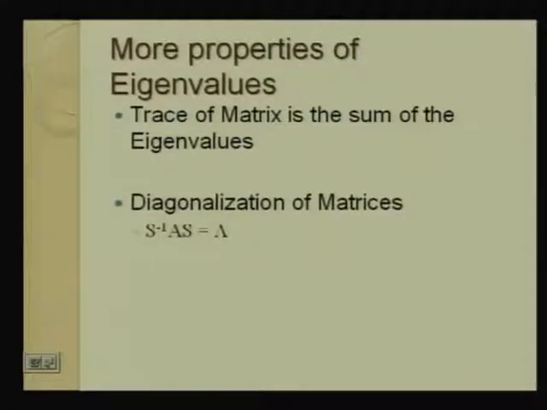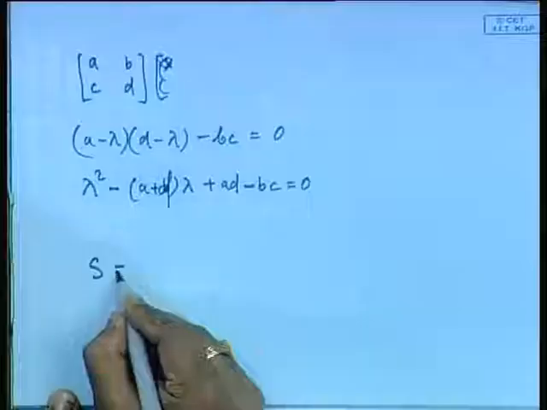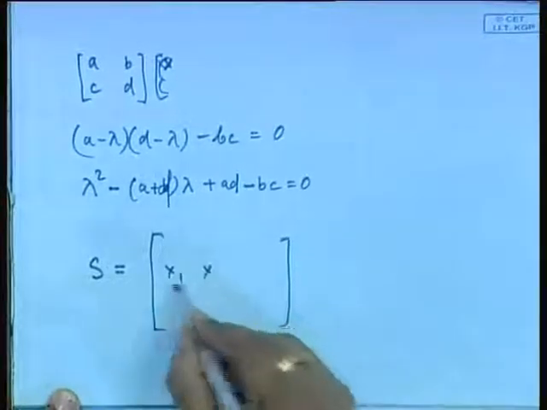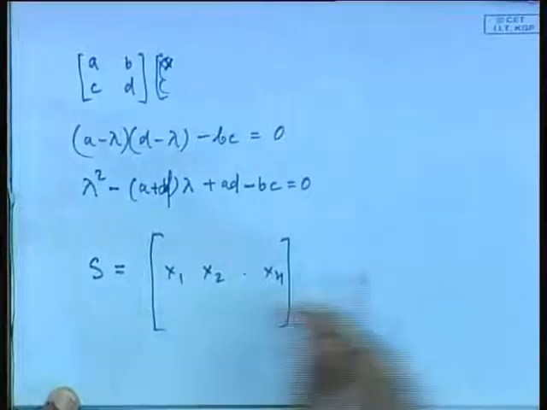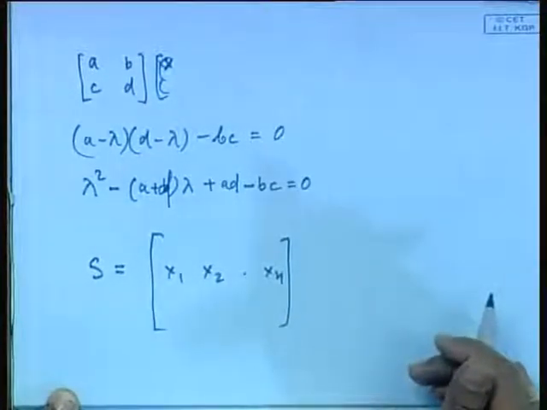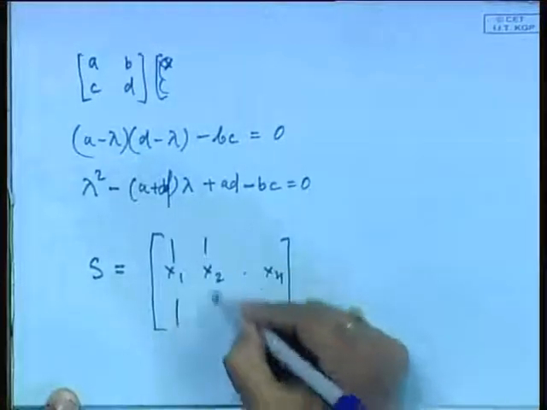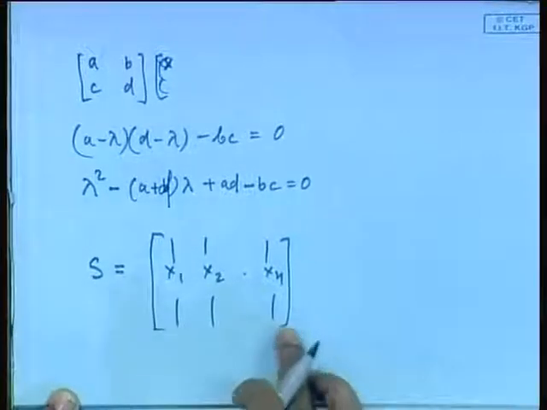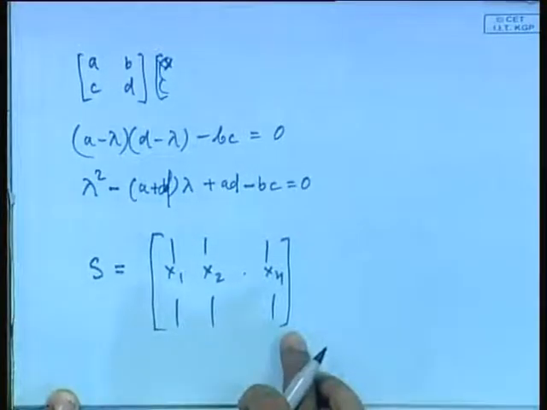Another thing which is really useful is called diagonalization of matrices. So, suppose x1, x2, up to xn are the n eigenvectors of this particular matrix A. Then S is this particular matrix.